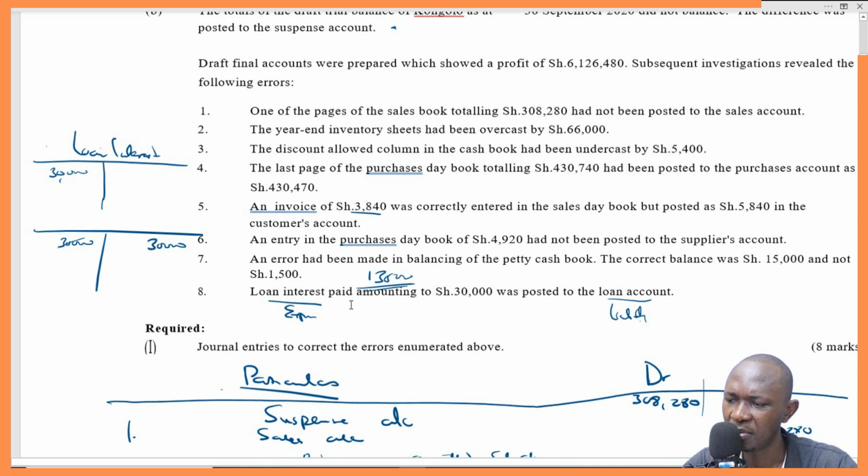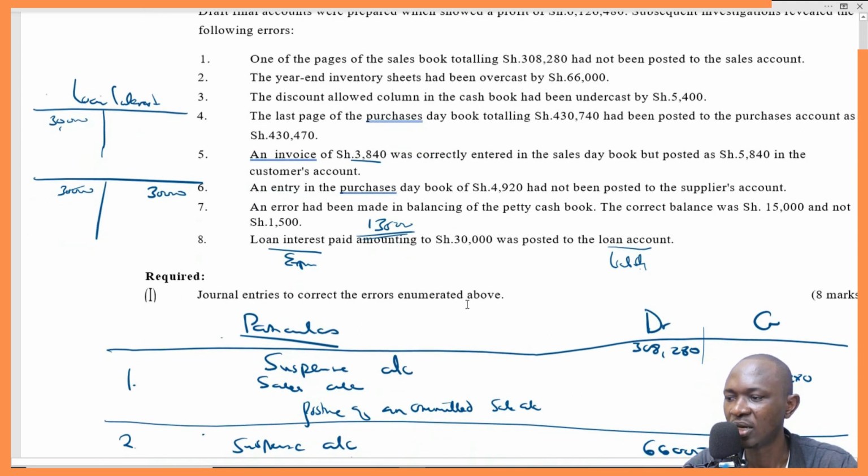Loan interest paid amounting to 30,000 was posted to the loan account. So this one will affect the P&L. It will have the effect of increasing the expenses, because loan interest paid is an expense.